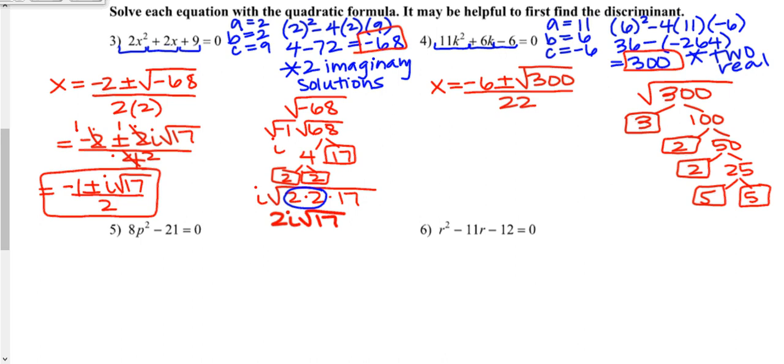So when I write the simplification of this, I actually have the square root of 3 times 2 times 2 times 5 times 5. So I'm going to circle all the pairs I see and pull out one number from each of those pairs.